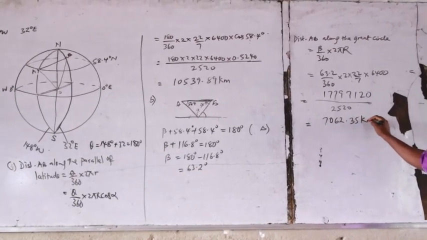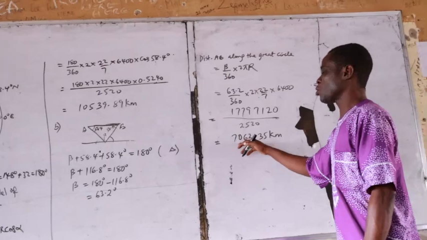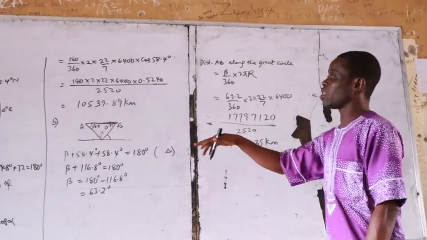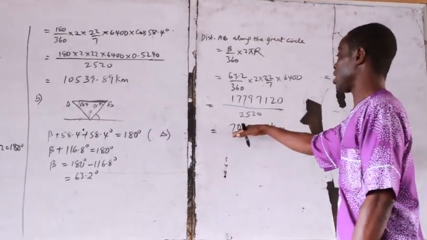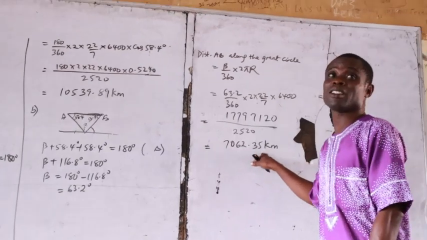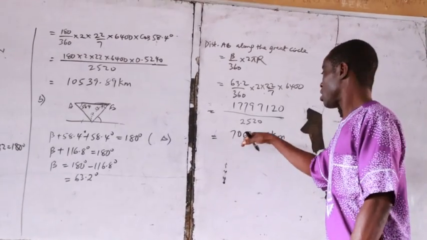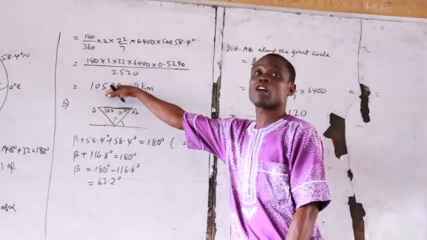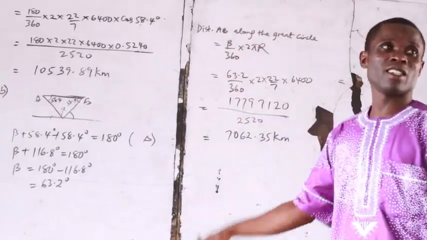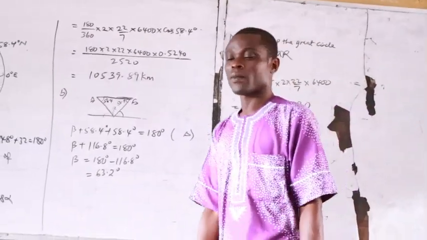That gives 7,062.35 kilometers. So when you compare the two answers, this one is along the great circle, that one is along the parallel of latitude. You can see that this one happens to be the shortest distance, 7,000 plus against 10,000 plus. Is that taken? Now write it down.